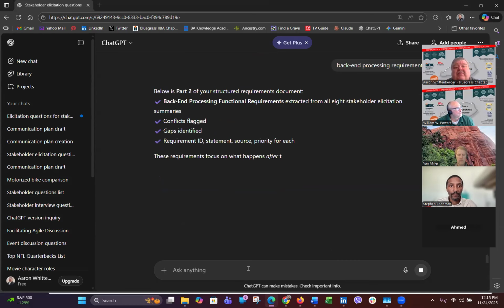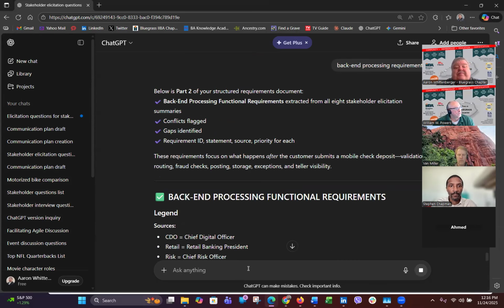I want these back end requirements. And there they go. So either way you get there. I'm sure at the end it's going to ask me what do you want next, until we get through all the requirement types. Then I think last week we also loaded the fourth prompt.